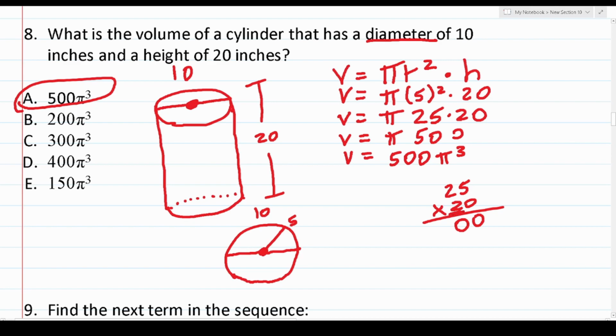When we start multiplication with this second term, we have to bring in a 0 placeholder. 5 times 2 is 10, so bring down a 0 and carry a 1. 2 times 2 is 4, plus 1 is 5. As you can see, we have 0 plus 500, which is just 500. Okay, so that's that one. Definitely memorize how to find the volume of a cylinder. I think I saw one of those problems on test day as well.